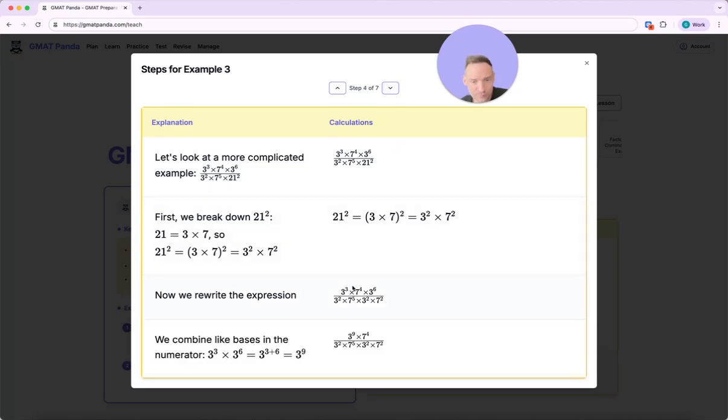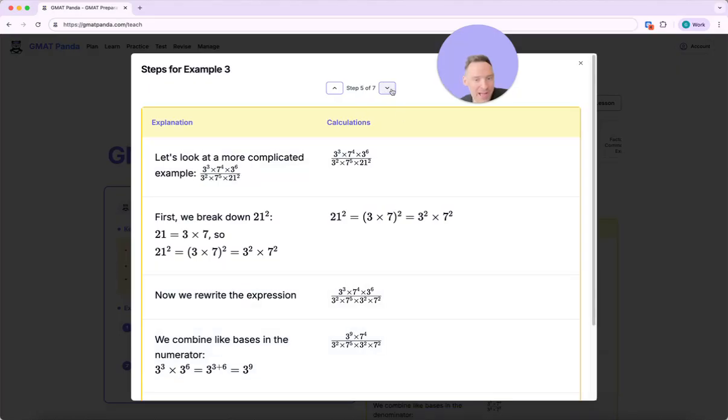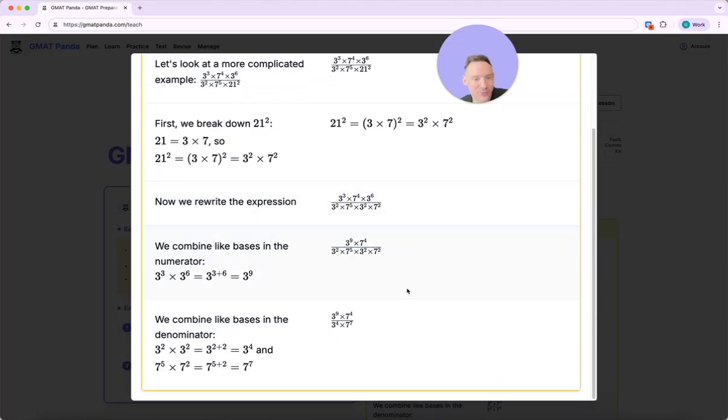In this case, at the top, we've got 3 to the power 3 times 3 to the power 6. We can combine that into 6 plus 3 equals 9. And we can also combine the 3's at the bottom and the 7's at the bottom. So the 3 to the power of 2 times 3 to the power of 2, we can combine that into 2 plus 2, 4 of them.